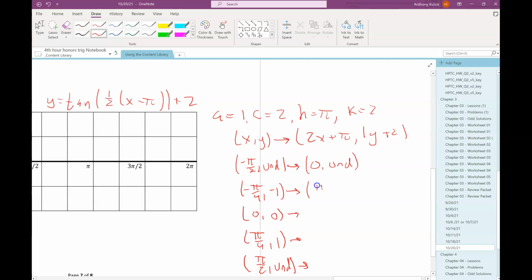And then that's pi over 2 and 1. And that's going to be pi and 2. That's going to be 3 pi over 2 and 3. And that one's going to be 2 pi and undefined.